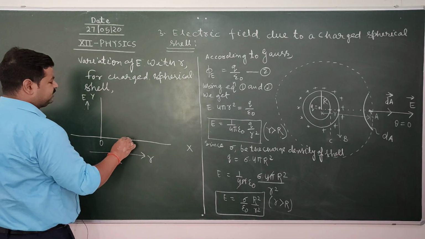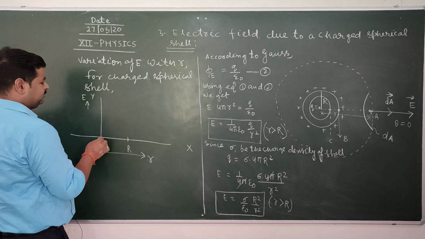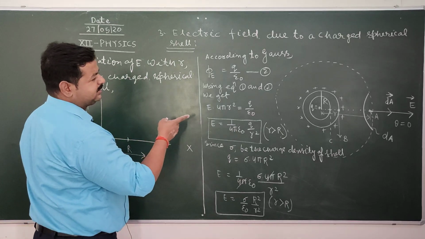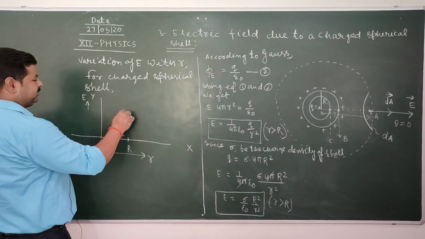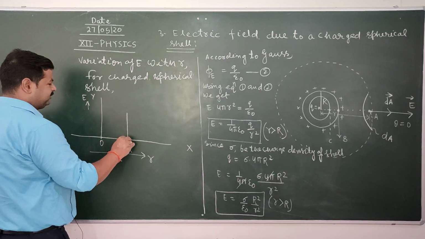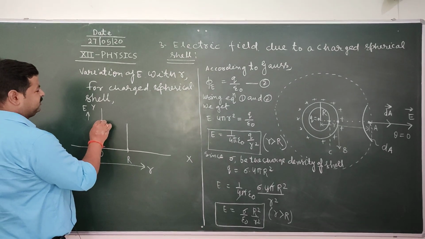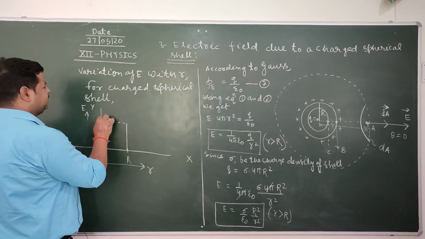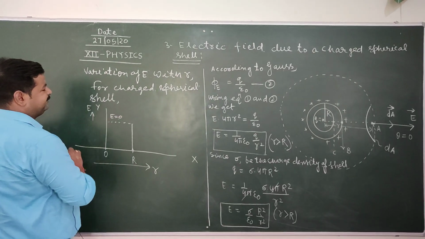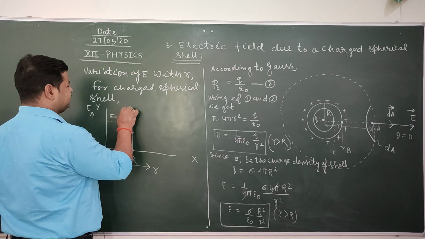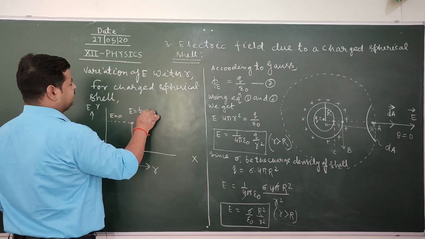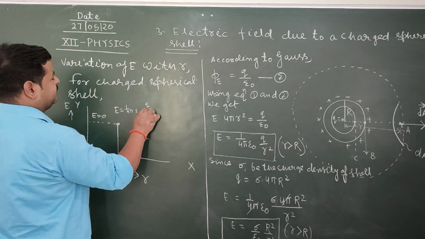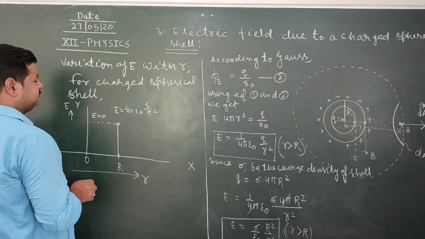So from the center up to the surface of the cell at a distance capital R, there is no electric field. In this region there is no electric field, that is E is equal to 0, and at the surface E is equal to 1 upon 4 pi epsilon naught, q by capital R square.